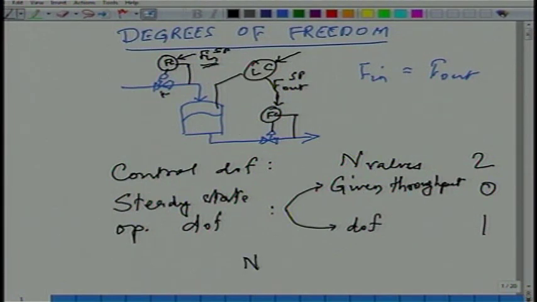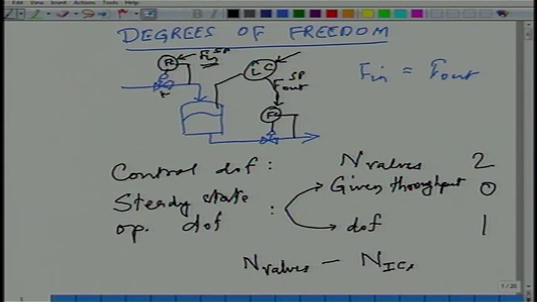I count the total number of independent valves, and when I say n valves, this is actually excluding the feed valve. If I am excluding the feed valve, that means the throughput is given to me. So I calculate n valves minus the number of, I'll call them inventory controllers, ICs.